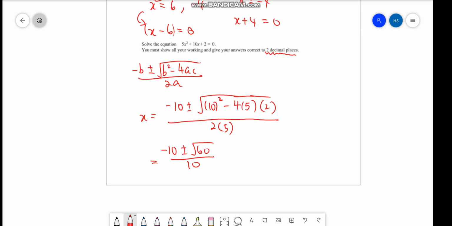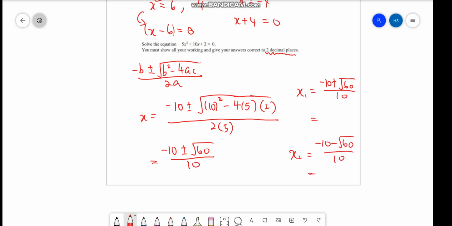Okay, so to get the two answers, the first one you solve is x1 equals to -10 plus square root 60 over 10. And then x2 is -10 minus square root 60 over 10.